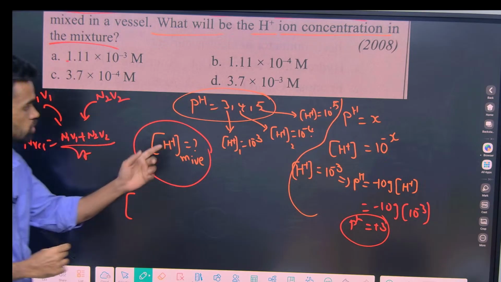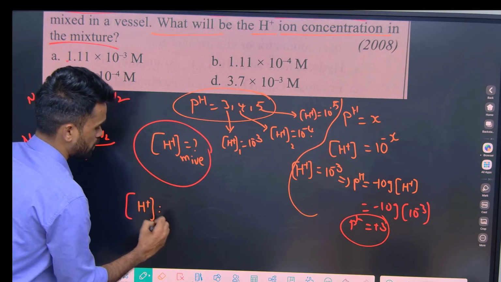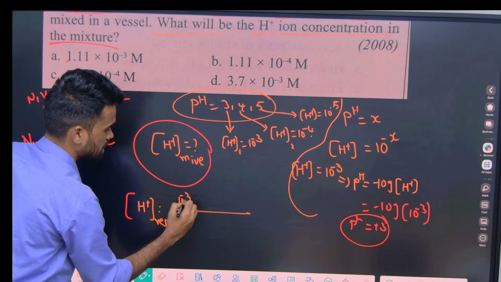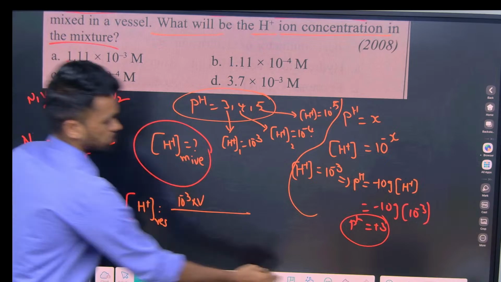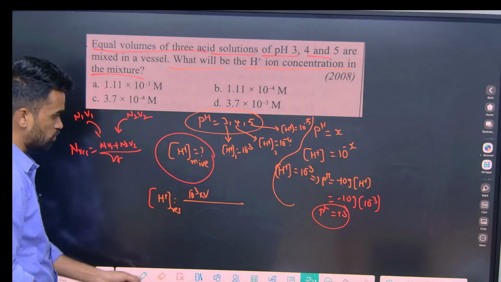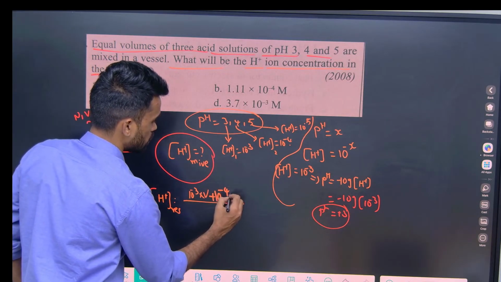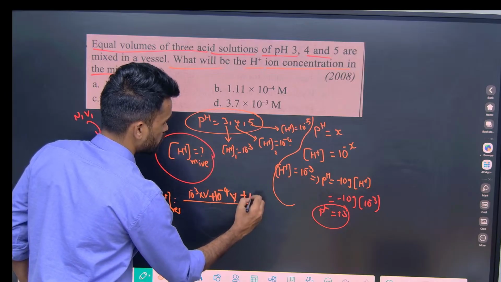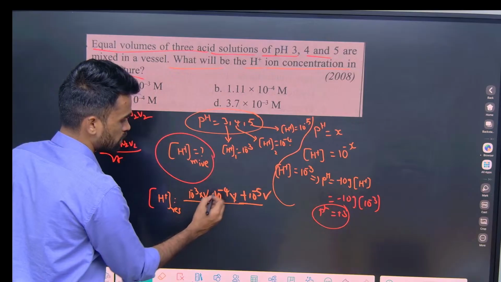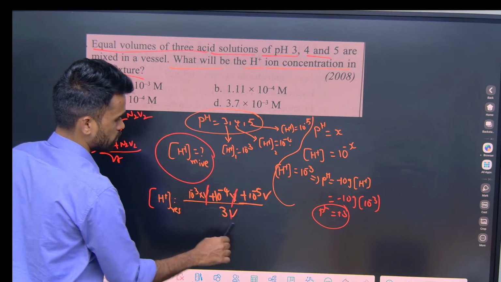So here also, the total H plus ion concentration, resultant, equals 10 power minus 3, let us say its volume is V. Equal volumes they are saying. Let us say volume V, and this is also 10 power minus 4 into V, plus 10 power minus 5 into V. So total how many V's now? V plus V plus V, 3 V's. So all these V's can be removed now.